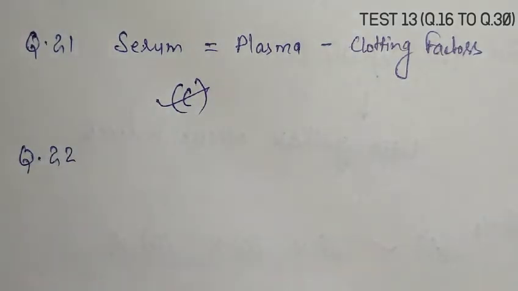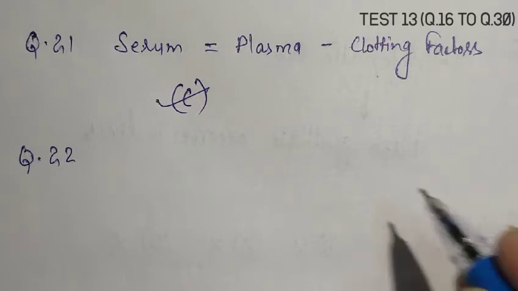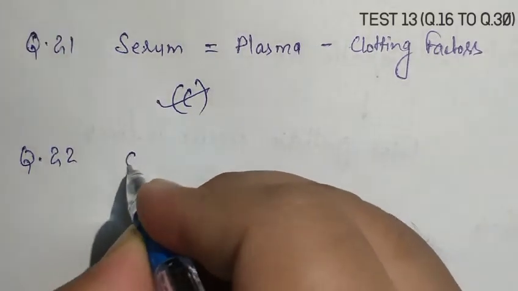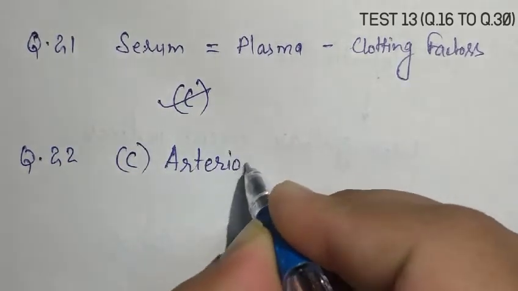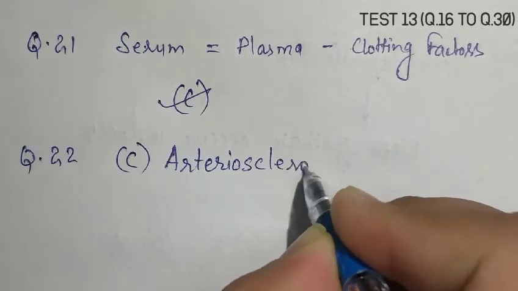Question number 22. The thickening of walls of arteries is called A. Arthritis, B. Aneurysm, C. Arteriosclerosis, D. Both A and B. Correct answer is C, Arteriosclerosis.